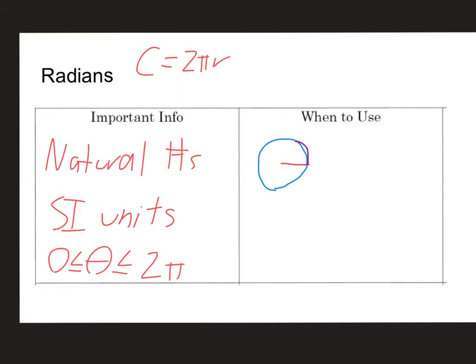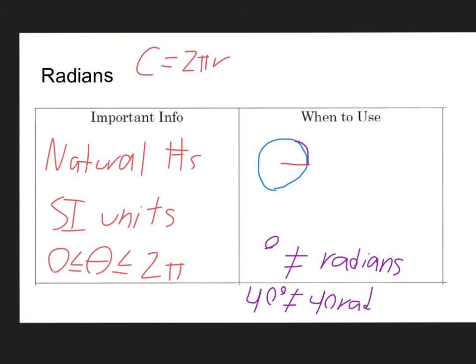It's important to note that degrees do not cleanly translate into radians. That is to say that 40 degrees is not the same as 40 radians. There is a conversion unit.